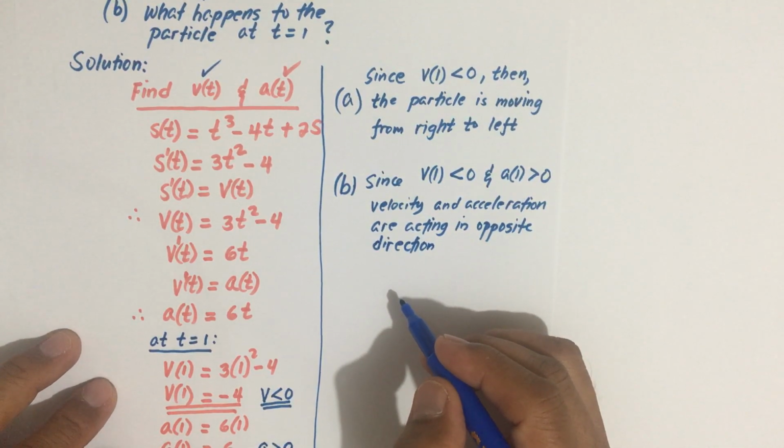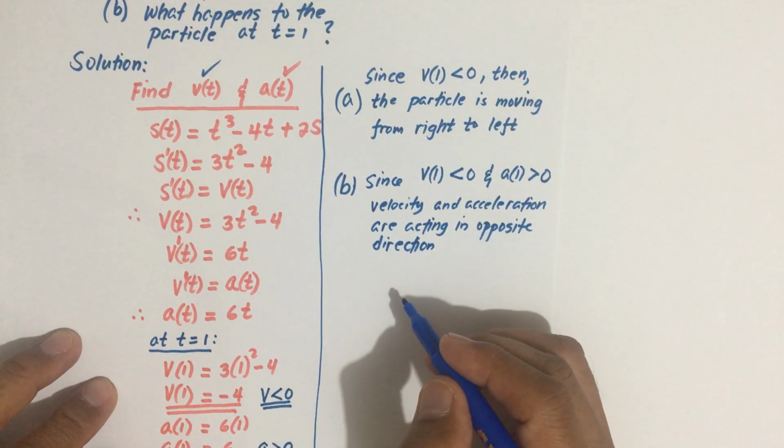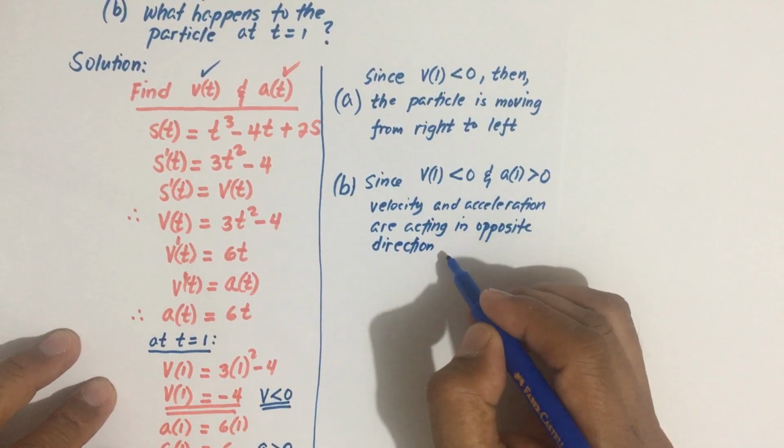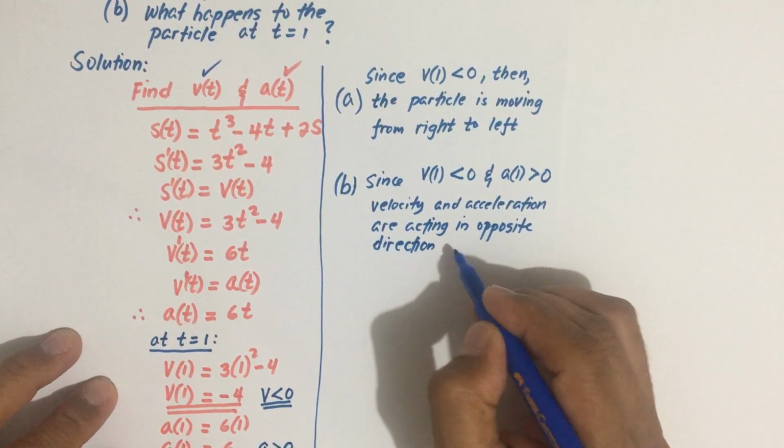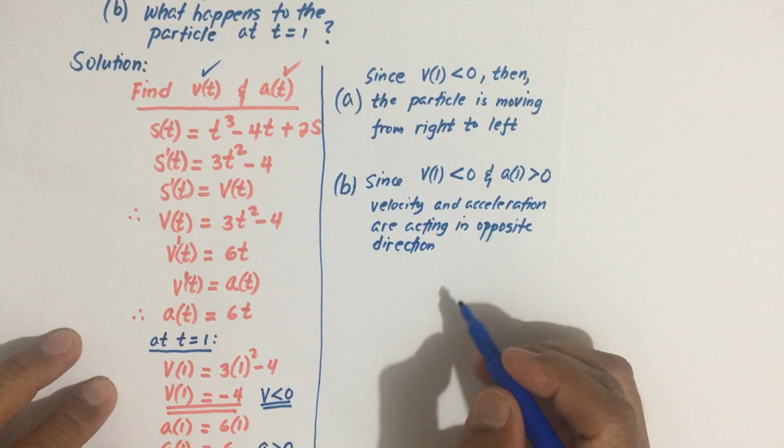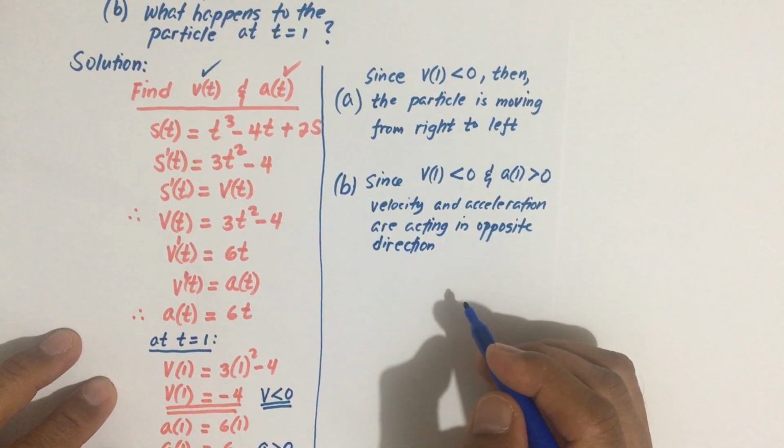So in other words, the particle is being accelerated in the direction opposite to the direction in which it is traveling, causing the magnitude of the velocity to decrease.